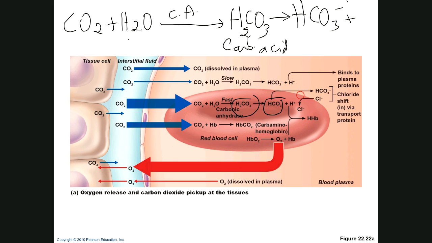So the hydrogen leaves, and this is converted into bicarbonate ions. So there's the bicarbonate ion, which leaves the red blood cell, and now the CO2 is traveling in the plasma as a bicarbonate ion. That is a buffer. The hydrogen that is being produced will be picked up by the hemoglobin so that the red blood cell doesn't turn acidic.